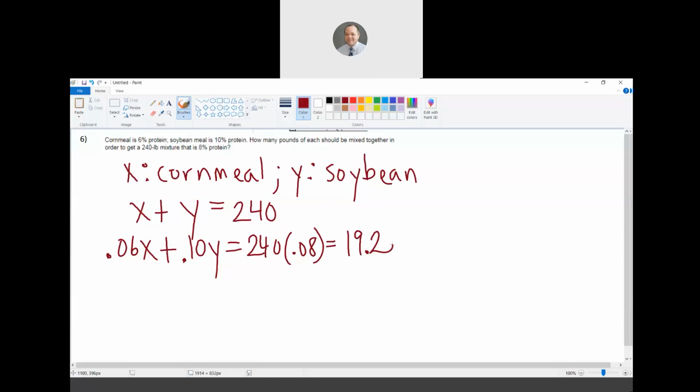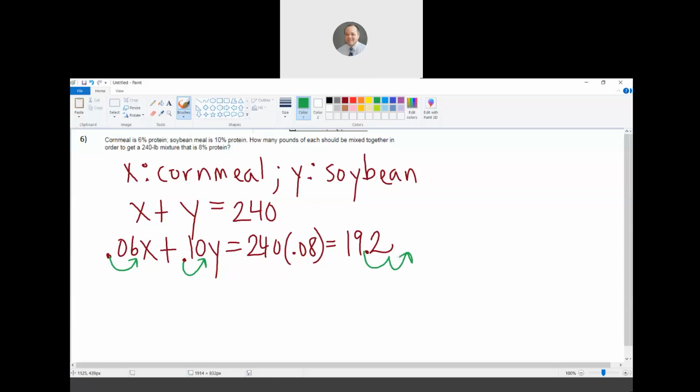Now, you can leave the decimal points in, or what I'm going to do is take them out. And to take them out, we need to move each decimal point 2 places to the right to change each decimal to a whole number.